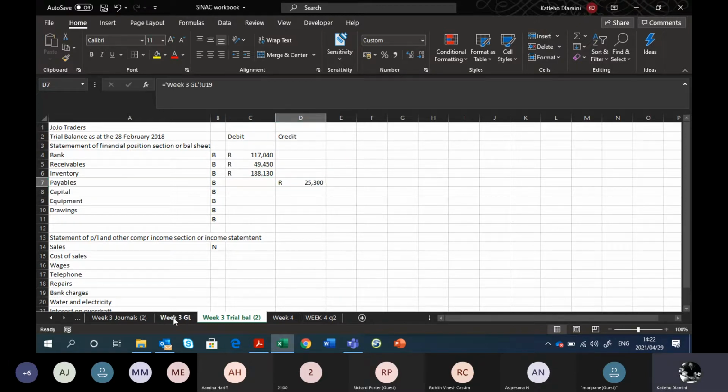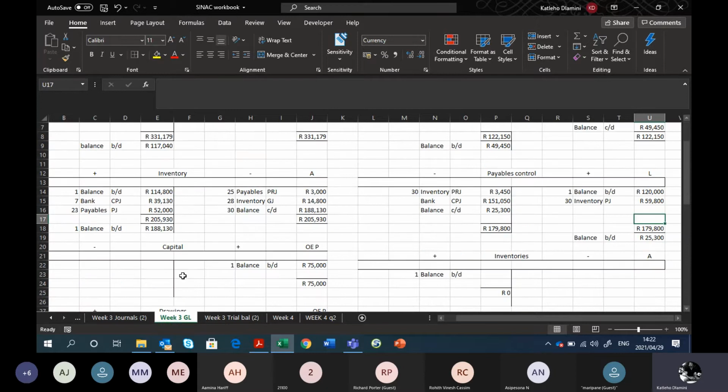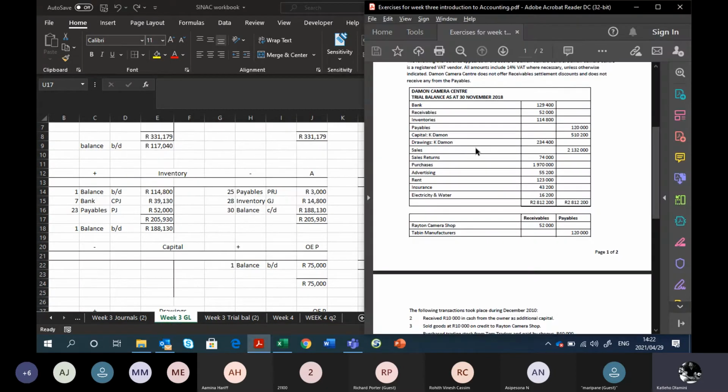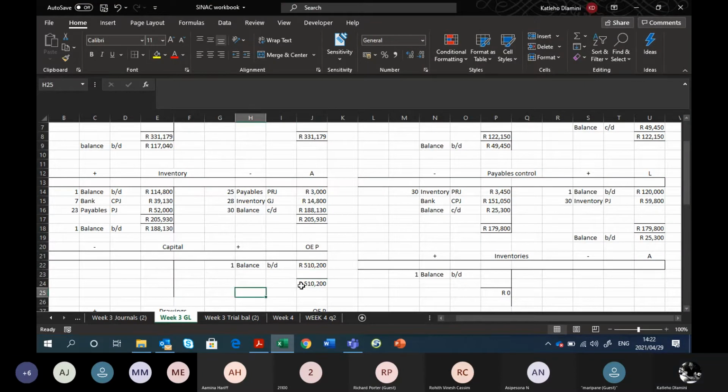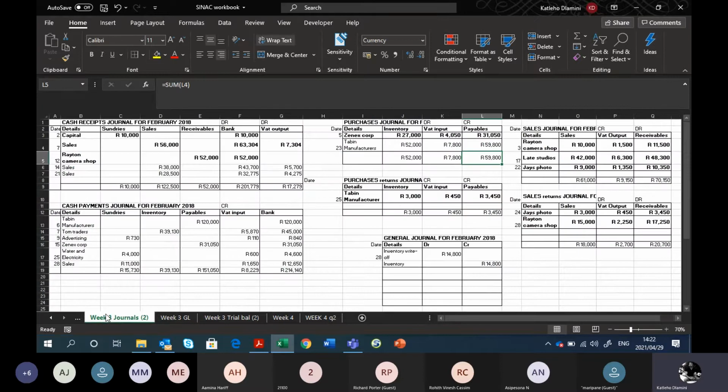Okay. So then the next one is our capital. And our capital has a balance of how much? 510,200. Right. Let's see. We have capital additional of 10,000.